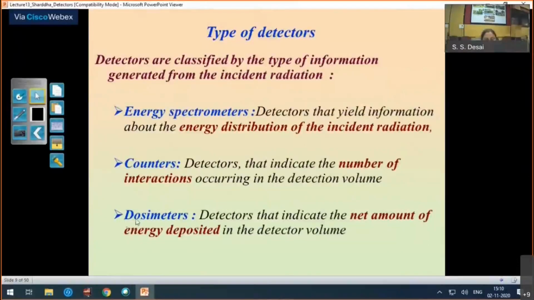Dosimeters, which are mostly used for health physics and other experimental purposes, measure the total net amount of energy deposited in the detector volume. For example, if you would like to find how radiation affects human tissue, the detector material will be tissue-equivalent material, and we can directly get the net amount of energy deposited in the human body itself. Such detectors are called dosimeters.